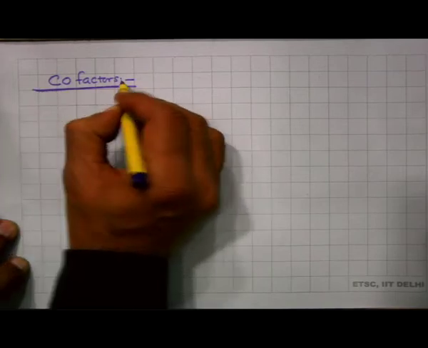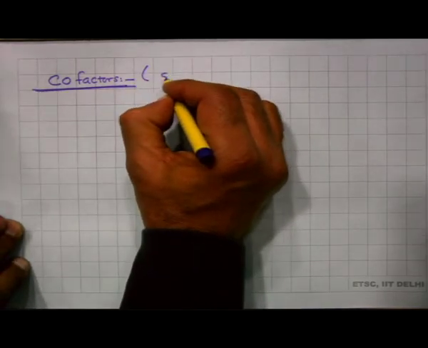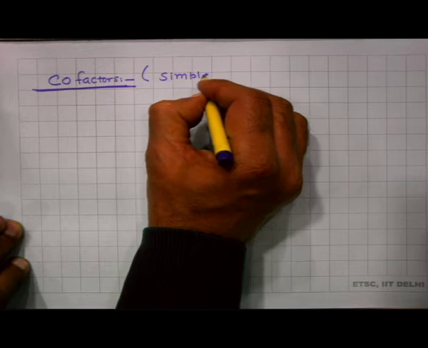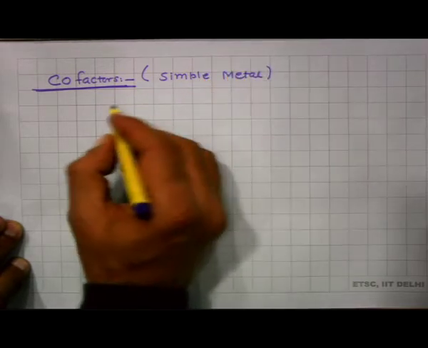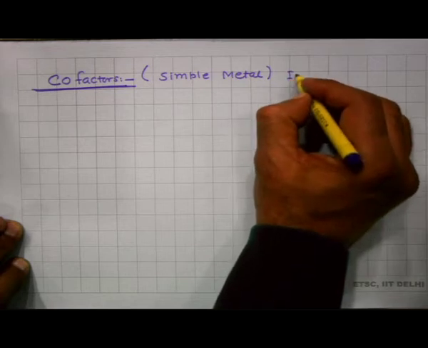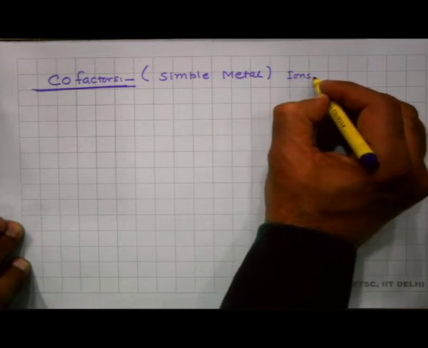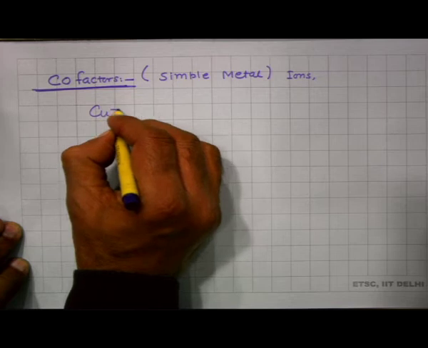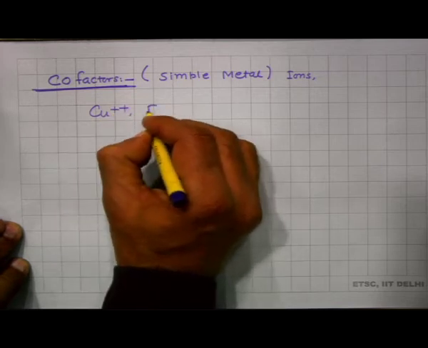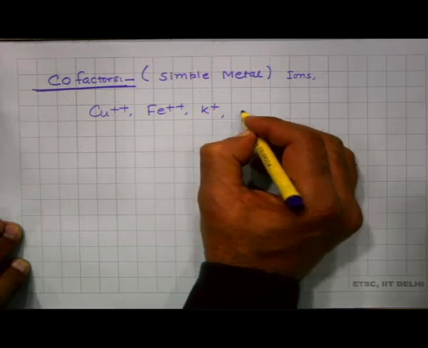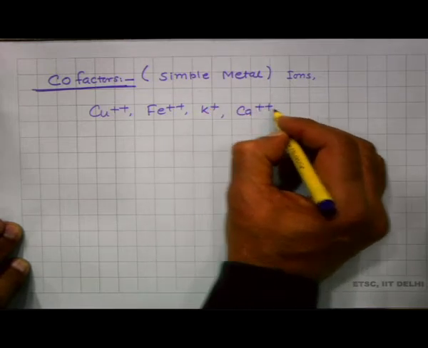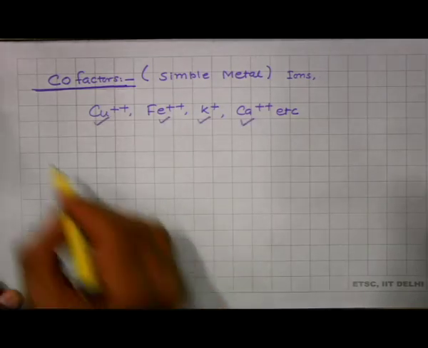The cofactor will be simple metal ions like Cu++, Fe++, K+, Ca++, etc.